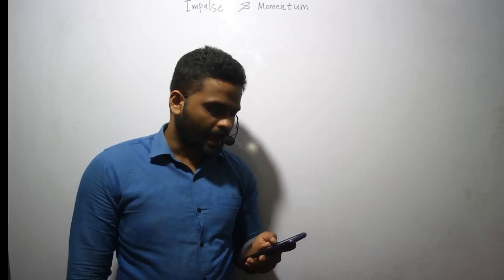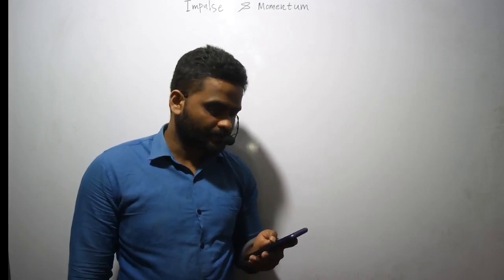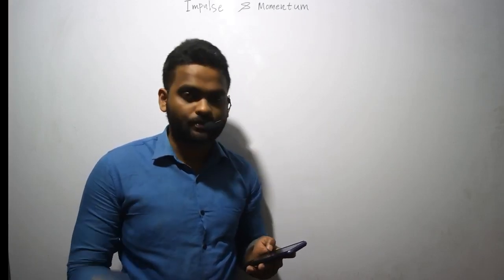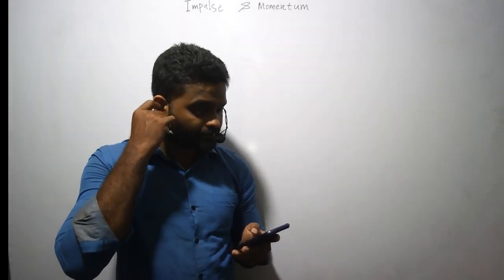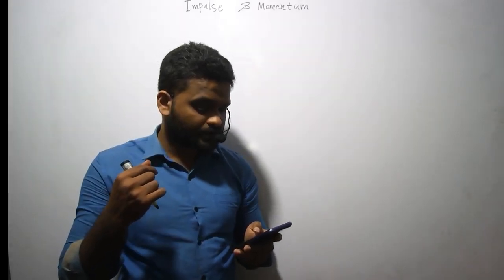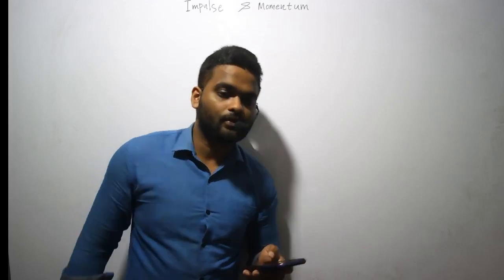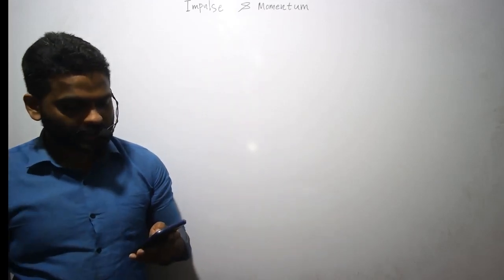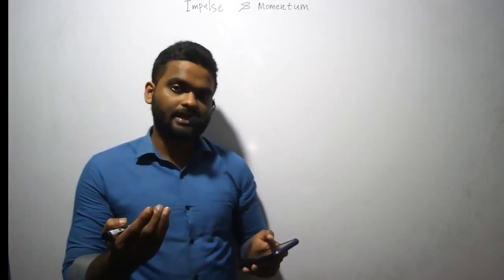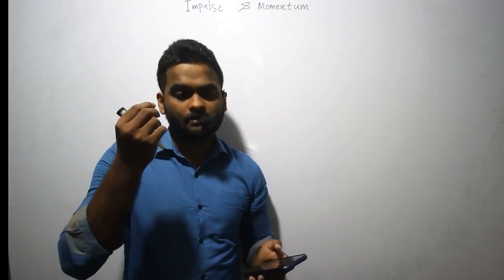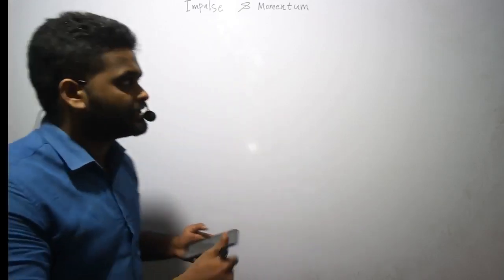Right. Eighth question. An object with mass 3 kilogram moving at velocity v explodes into two parts with 1 kilogram and 2 kilogram. The large part moves in the same direction at v over 2. So they ask the velocity of the small part. So you know, at an explosion as well, the momentum of the system does not change, right?